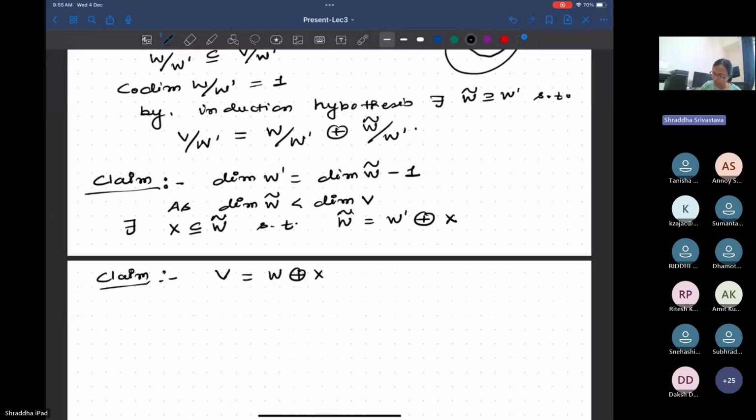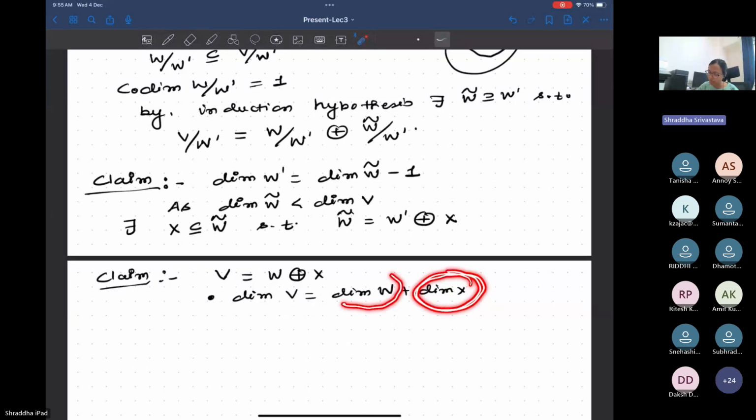So how are we going to check? It is very easy to check that the dimension of V is the dimension of W plus the dimension of X. First of all, the dimension of X is 1, because the complement of a co-dimension 1 subspace has dimension 1.